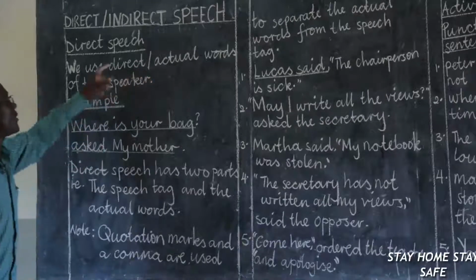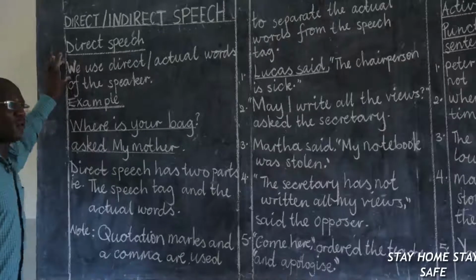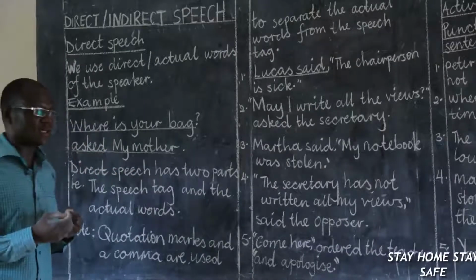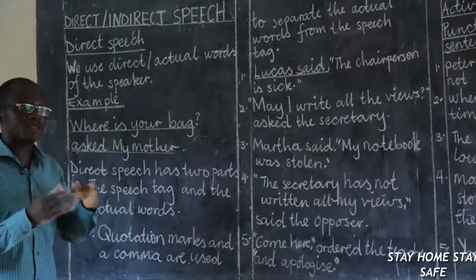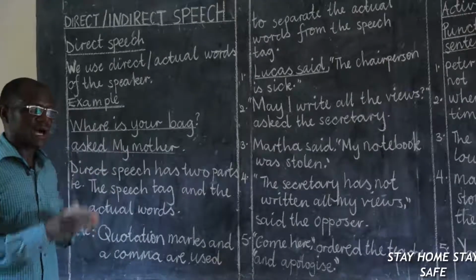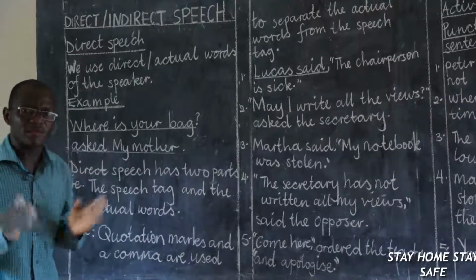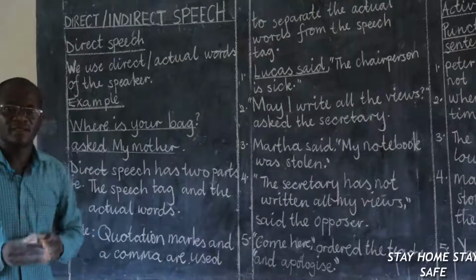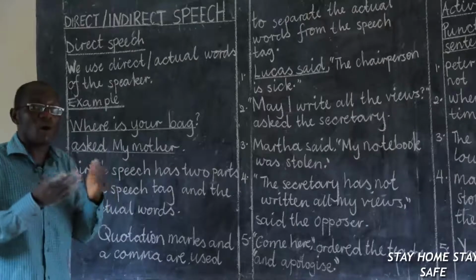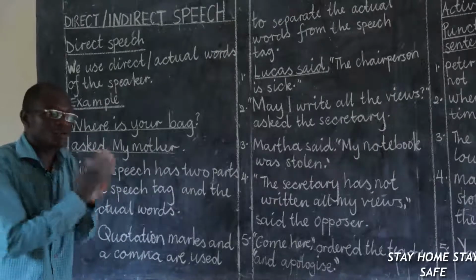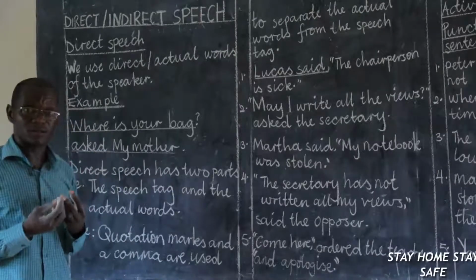So this is why we call it direct speech. We bring out the direct words someone spoke. The words that someone spoke are not changed. We bring them the same way they are said. But when we are saying them, we use our own words to show that these words are not our own words.